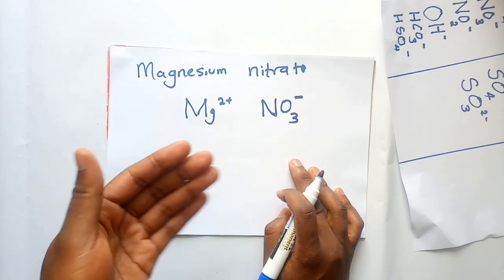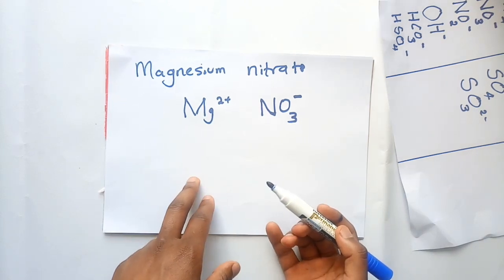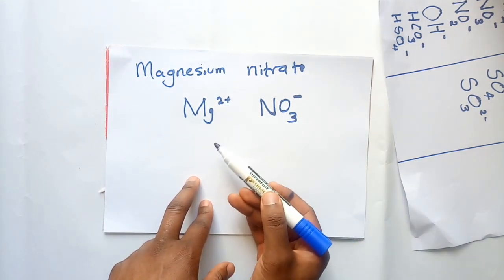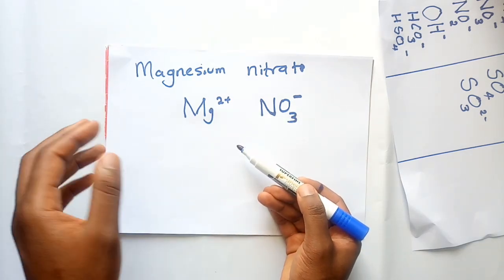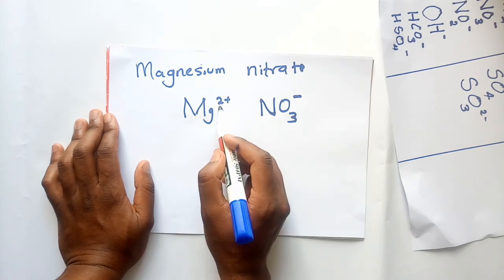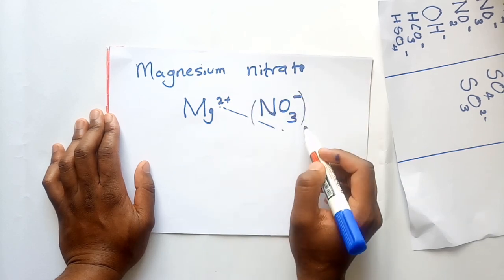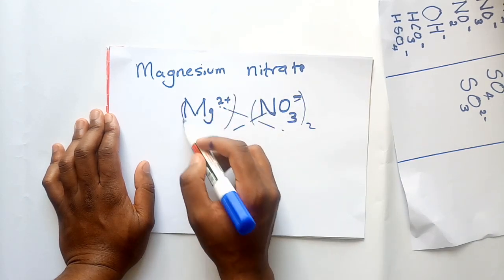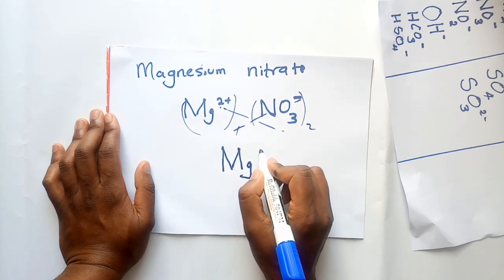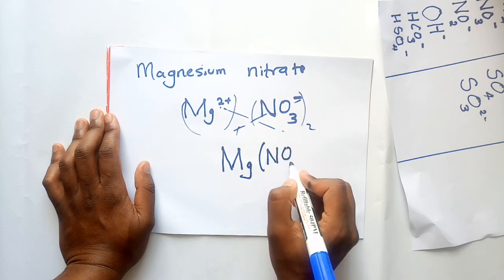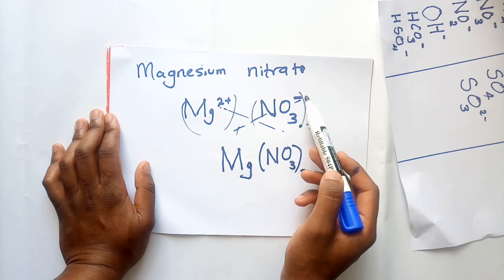As you do them, it becomes easier and easier. If I simply cross multiply the values of these charges, I get my formula. This one will become 2 and this one will become 1. So the formula will be magnesium into brackets nitrate. These 2 comes to the nitrate, and this 1 comes here.